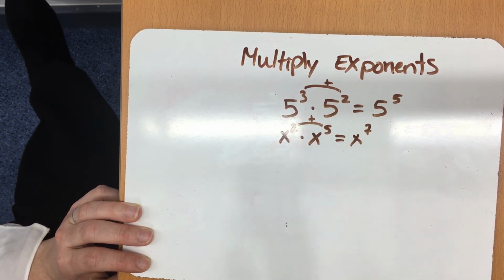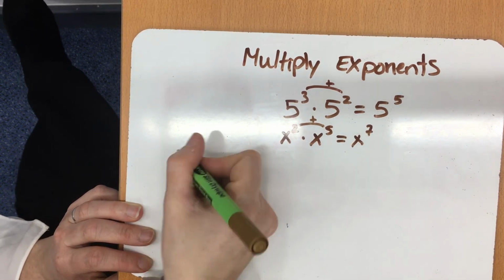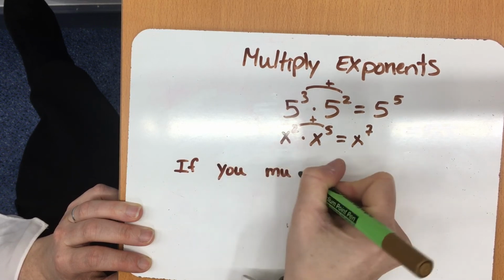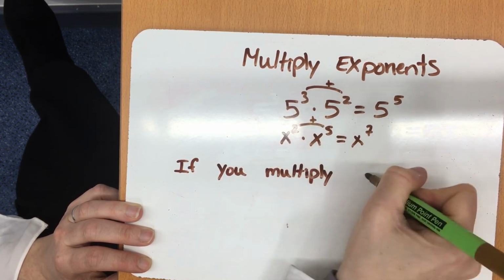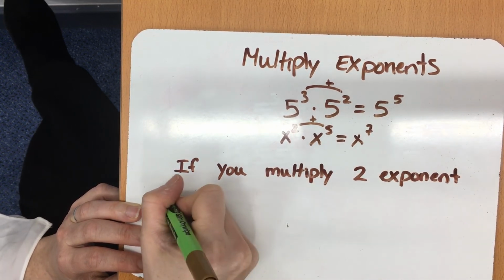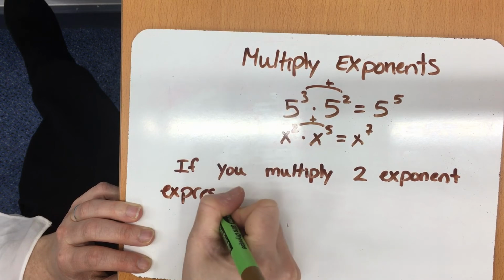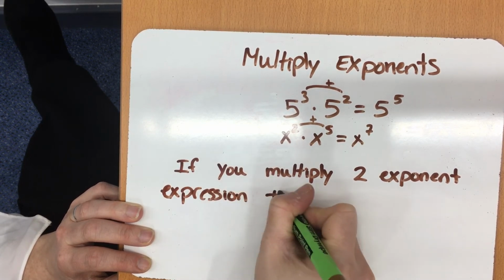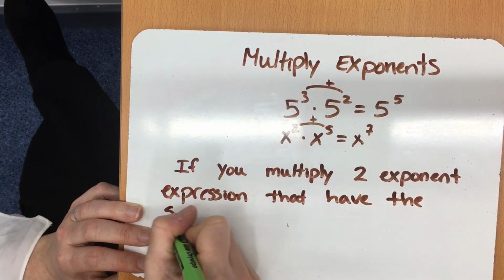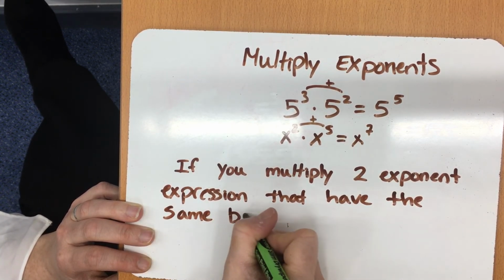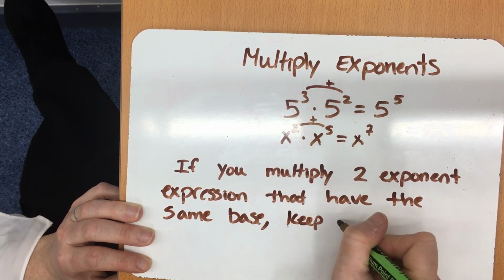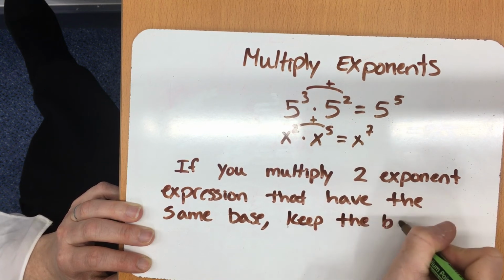This is the first rule or the first law of exponents, which is if you multiply two exponent expressions that have the same base, keep the base and add the powers.